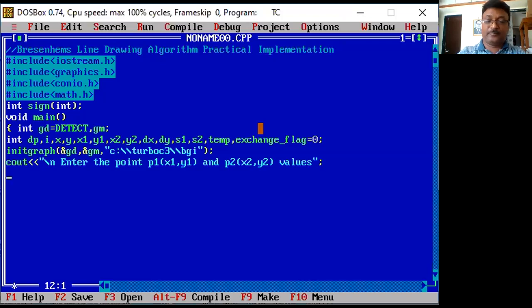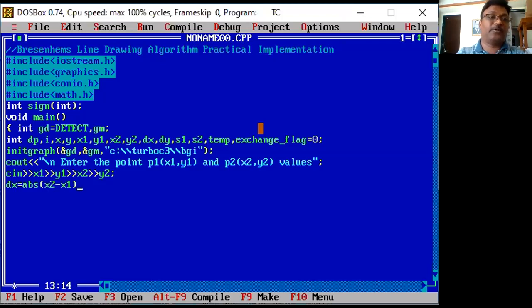Then cin is what? x1 y1 x2, and y2. So these are the values you have to read and store. And suppose I have calculated dx as x2 minus x1, so you have to consider it as an absolute function, abs of x2 minus x1.